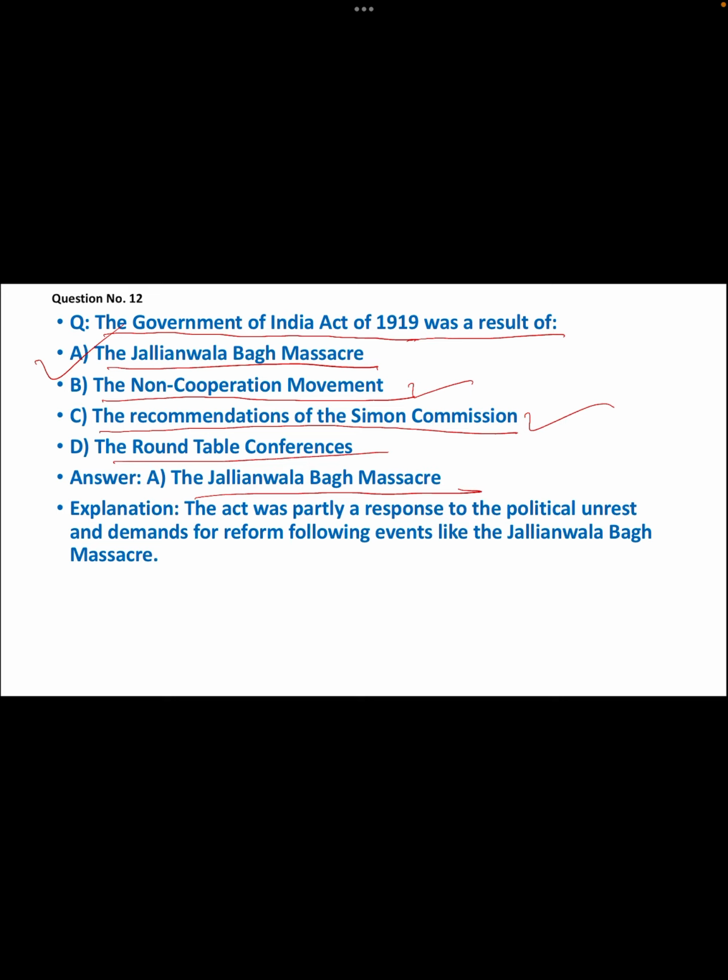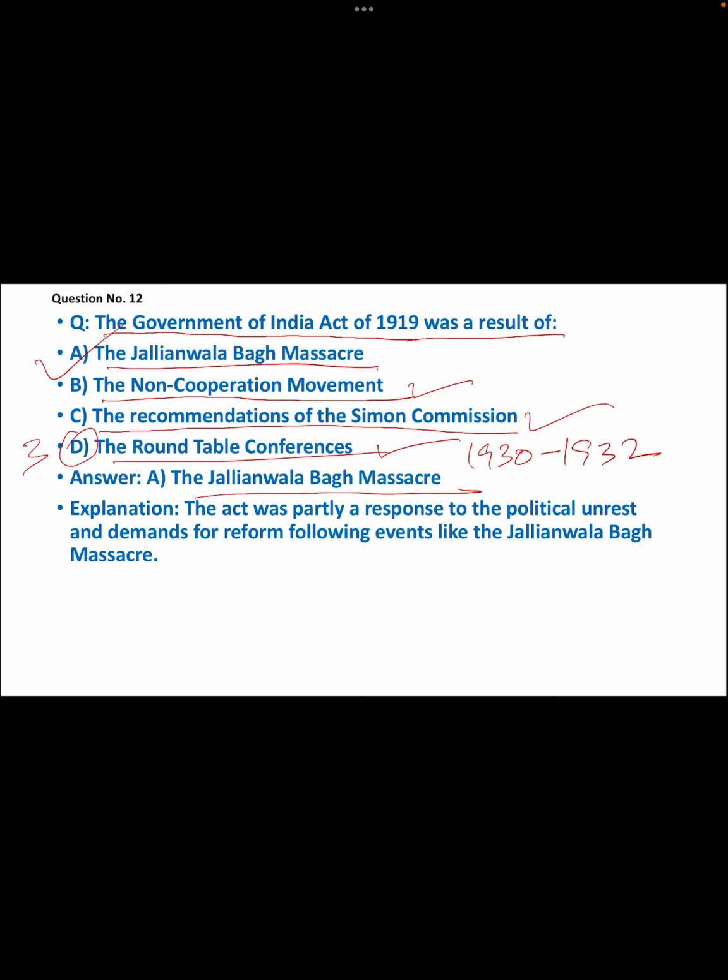In fact, the Simon Commission recommended abolition of dyarchy and establishment of representative government in provinces, etc. And we actually had three roundtable conferences between 1930 and 1932 to discuss constitutional reforms between Indians and the British.